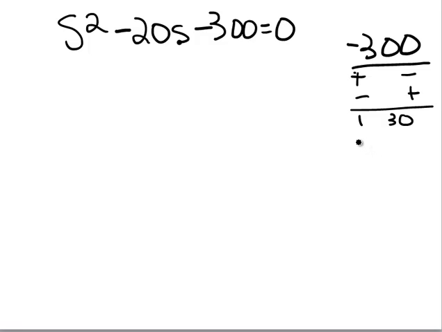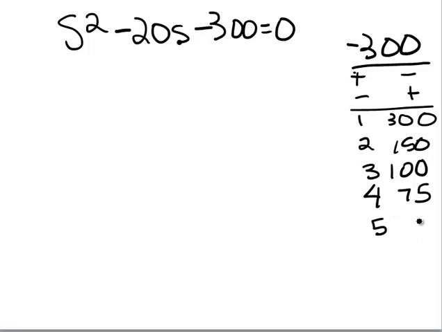So, well, let's see, 2 and 150, 3 and 100, 4 and 75, 5 and 60, 6 and 50, well, we could keep going, but I happen to know that it's 30 and 10.